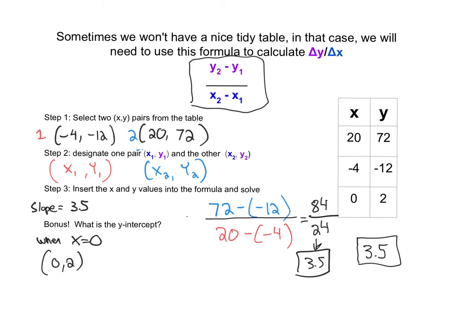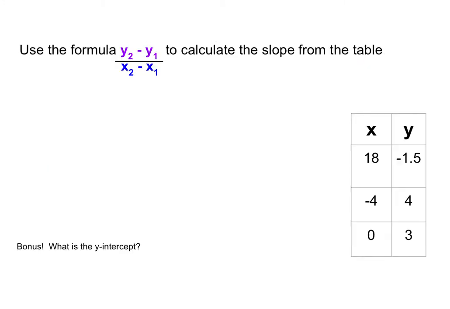Let's take a look at another one. All right, we're going to use this same formula here. So I'm going to pick my points. This time I'm going to use, let's do -4, 4, and 0, 3. Those just seem a little easier for me to work with.